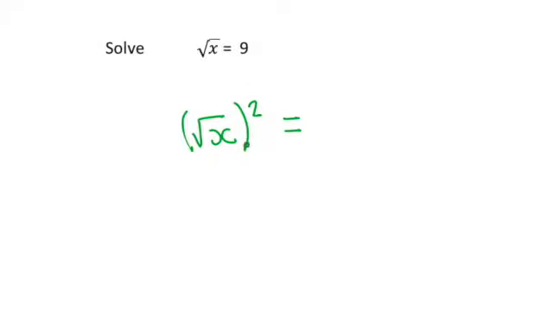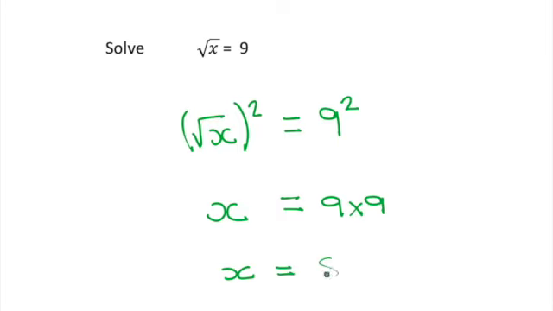And if I'm squaring that square root of x, I need to square the other side of my equation as well, which is 9. So I'm squaring 9. So on one side of my equation, I'm going to be left with just x, and that is going to be equal to 9 times 9, because 9 squared is the same as saying 9 times 9, and 9 times 9 is 81, so x is equal to 81.